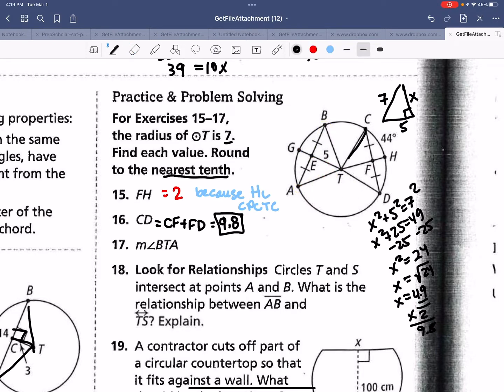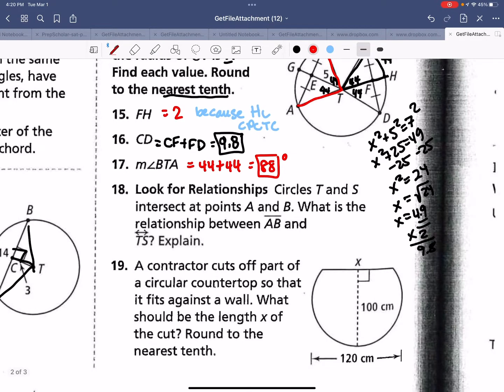Okay, so this is 44, so that means its central angle is 44. And we proved all these triangles are equal. So this would be 44, this would be 44, that would be 44. Okay, so BTA, now that I cleared that out, this would be the sum of that. Got it?